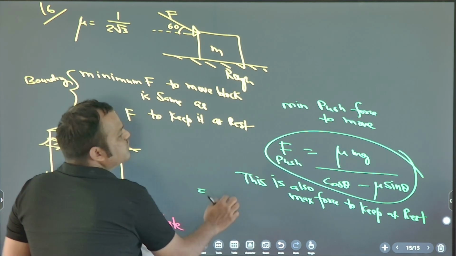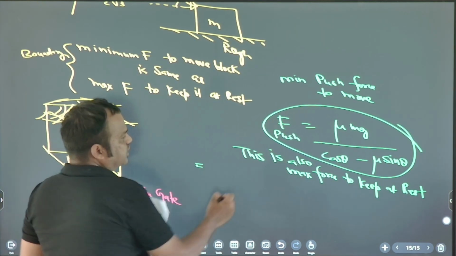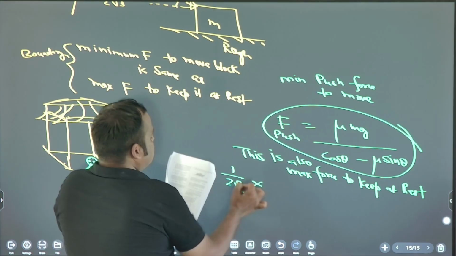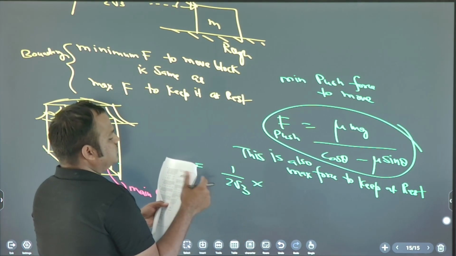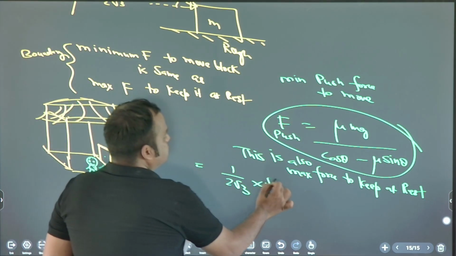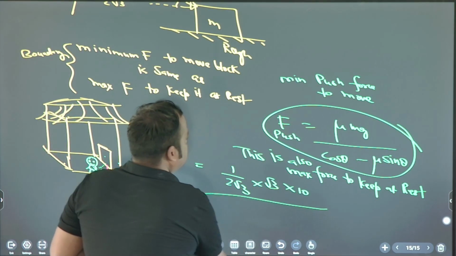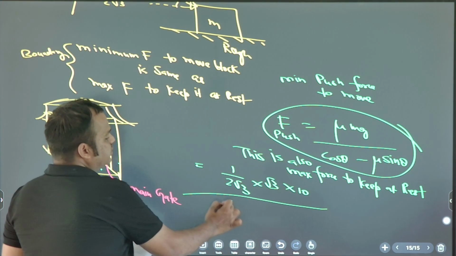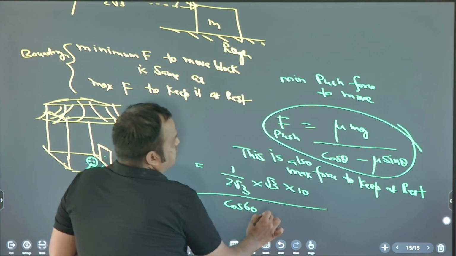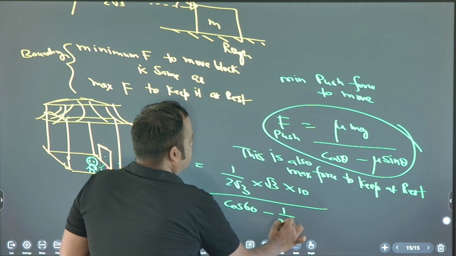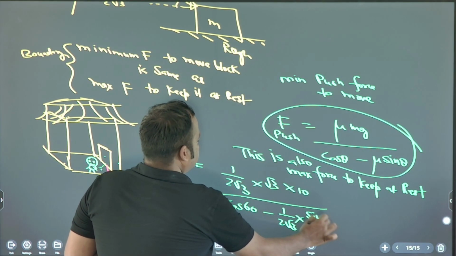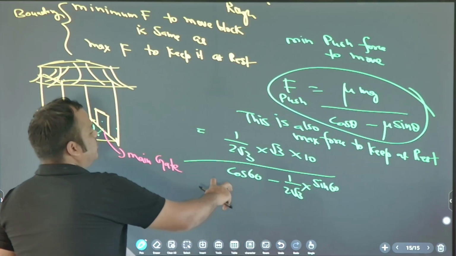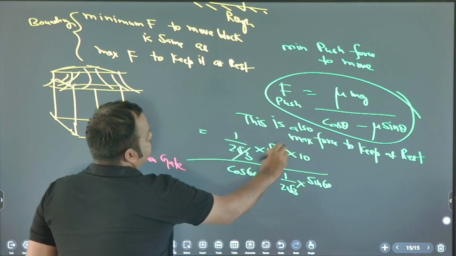Now substitute the values. Mu is given as 1 by 2 root 3. Mass is not given. Given root 3. G value 10. Theta is given. So cos 60 minus 1 by 2 root 3 into sin 60. What is sin 60 value? You know, root 3 by 2. Very good.